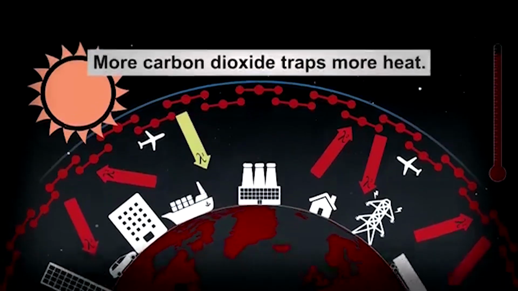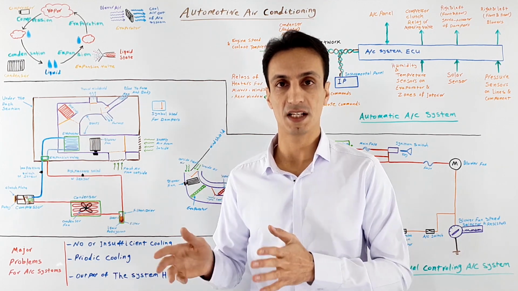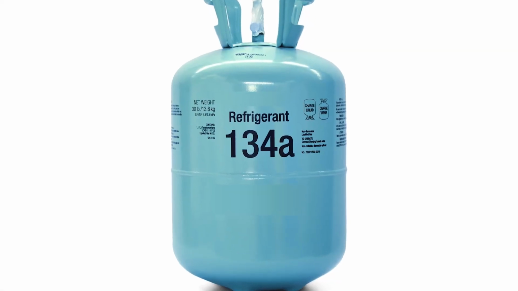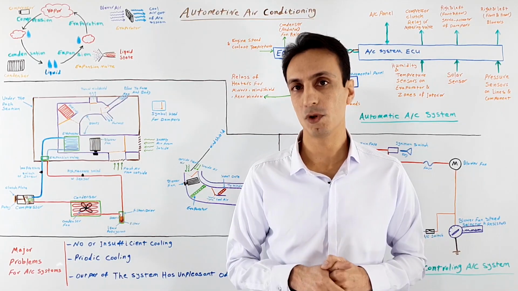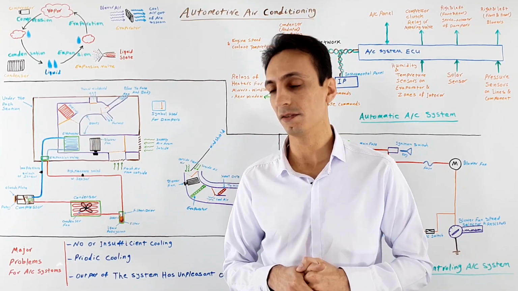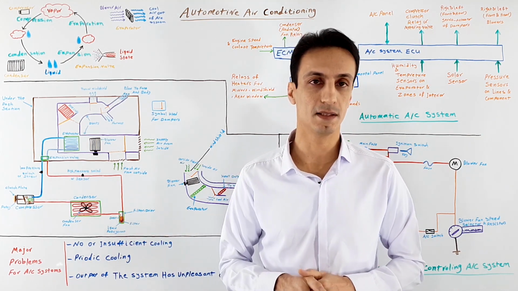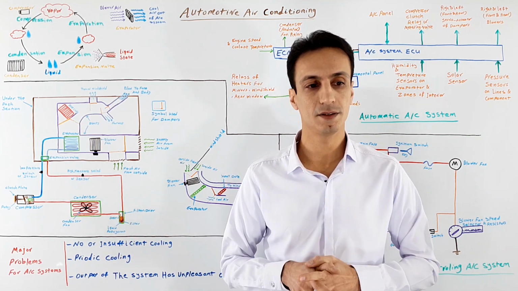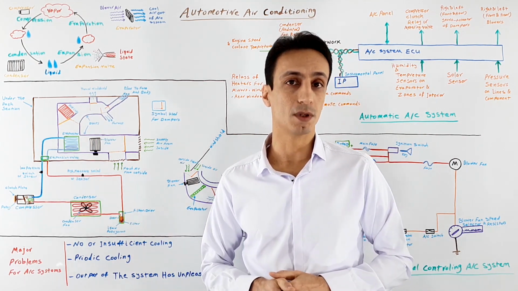These drawbacks made the R12 replaced with R134A or HFC-134A after 1994. R134A has the boiling point of about minus 16 degrees Fahrenheit and today is used in most of the mobile AC systems. However, this gas is not an ozone depleting gas, but it makes a small contribution to global warming.